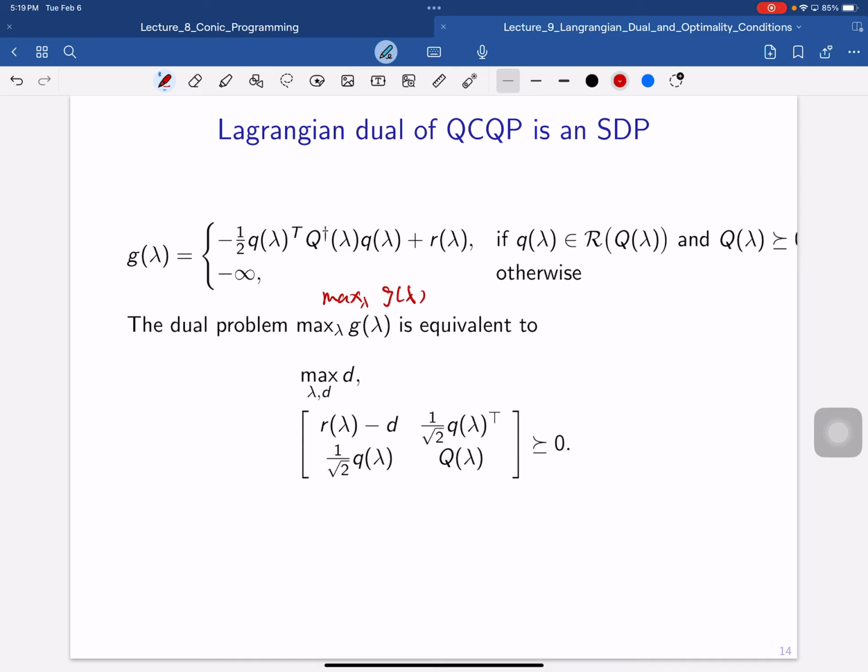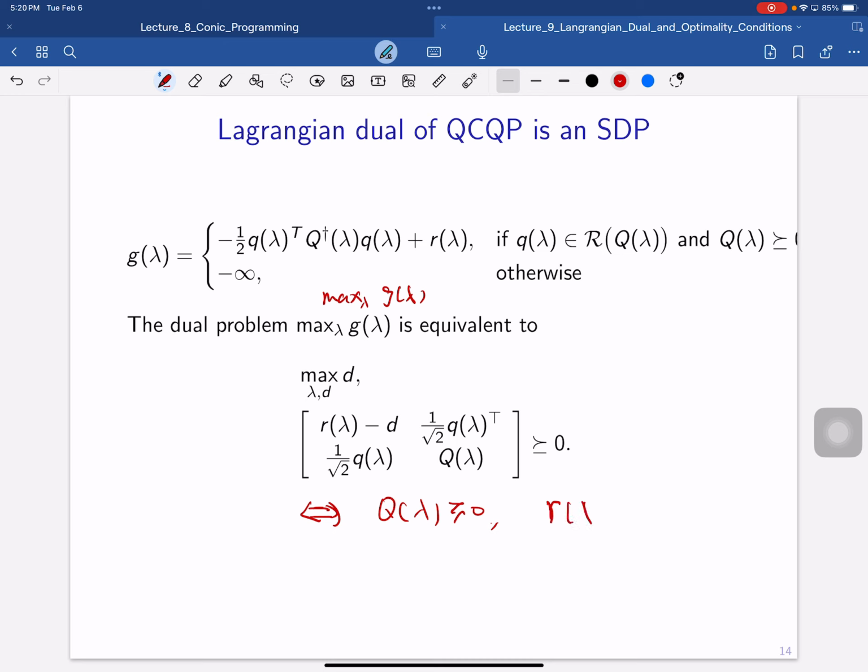The first thing we can show is that this PSD constraint is equivalent to two things. First, we need Q lambda to be positive semi-definite. Then you can take the Schur complement. If you don't remember it, you can check the Schur's lemma.